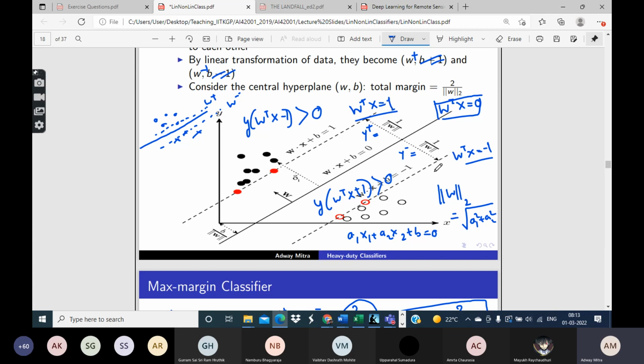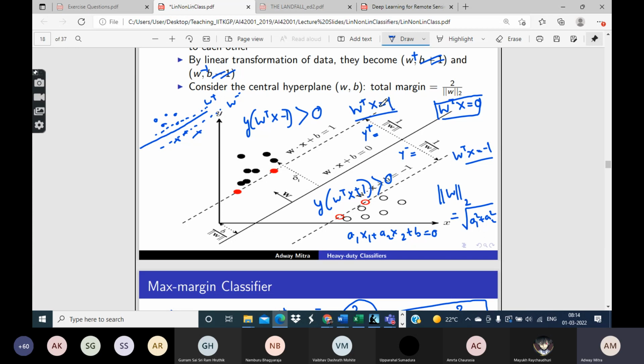And for W minus, we will assume that its equation is given by W transpose X equal to minus 1. Since the actual linear classifier lies halfway between them, of course it will be W transpose X equal to 0.